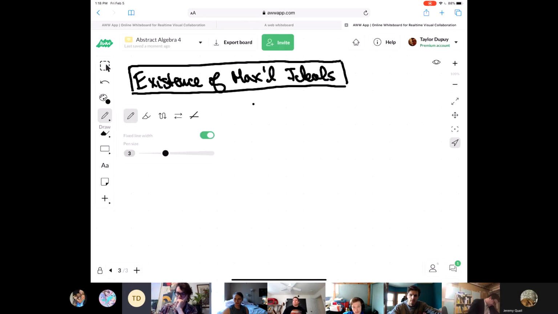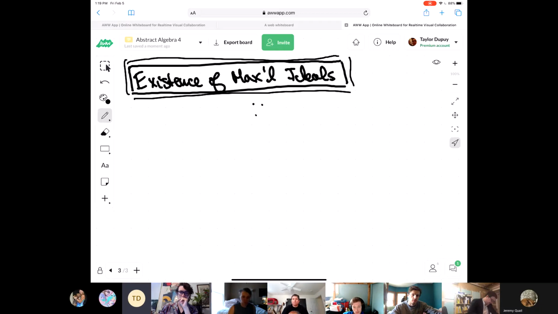This is one of the topics, and within it we need to talk about Zorn's lemma. Zorn's lemma is equivalent to the axiom of choice, and it's super useful. Let me remind you what the definition of a partially ordered set is, because we're going to need it.